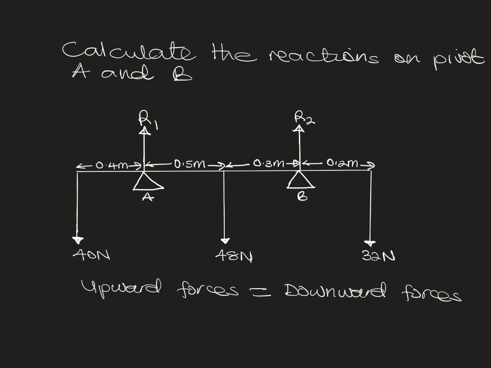So what are the upward forces? If you look at the direction, this is an upward force, this is an upward force. So that is going to be R1 plus R2 is equal to the total downward forces. What are the downward forces? We have 40 Newton, 48 Newton, and 32 Newton. If you look at the arrows, they are facing downward, so they are downward forces.